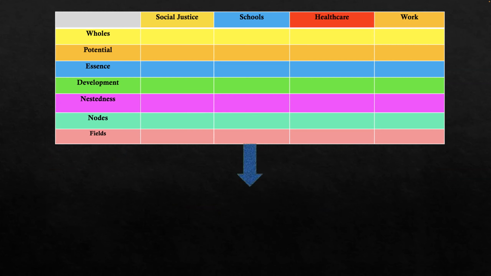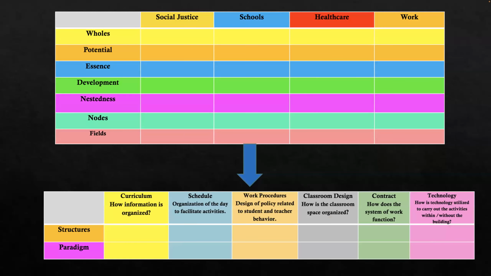And then coupled to this, which makes this a little bit different because we are looking at the present structure of schooling within a community, what I'd like you to do then is also now to go a little bit deeper into the structures of schooling that you started playing around with in 845, but particularly I want you to think about how a curriculum is structured, how the schedule is structured, work procedures, classroom design, contractual arrangements, and the technologies that are there, and then identify what you believe are the paradigms.